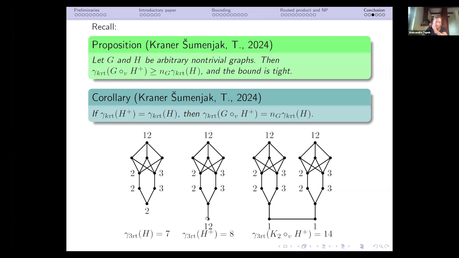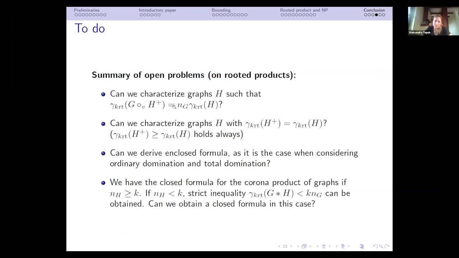We attached this vertex and took it as a root, but the 3 rainbow total domination number of this graph is 8, yeah, while this is 7 and 14, so this equality holds, but not this one, yeah, so the opposite does not hold. And then we really tried to find graphs for which equality is attained, but we couldn't, yeah. So these 2 questions that I just mentioned are here.